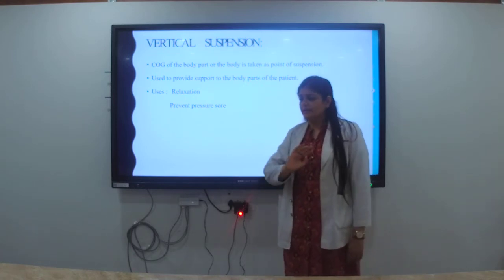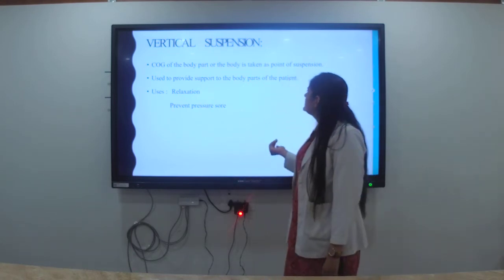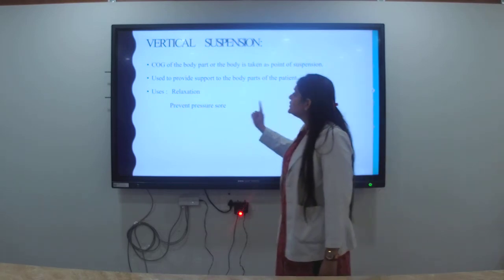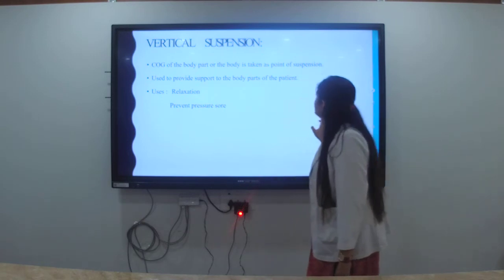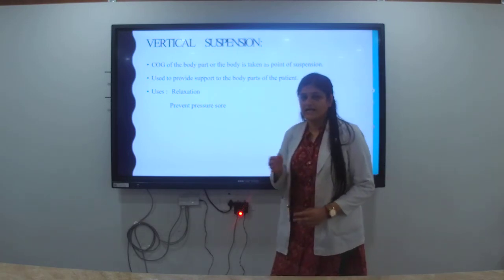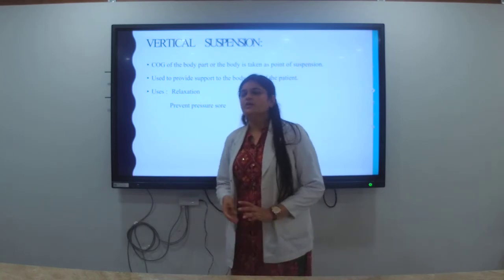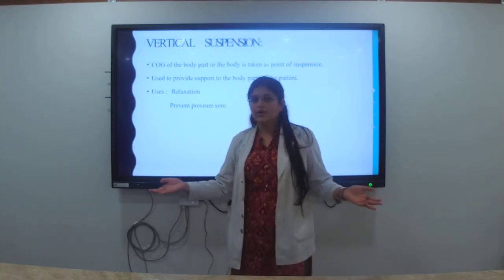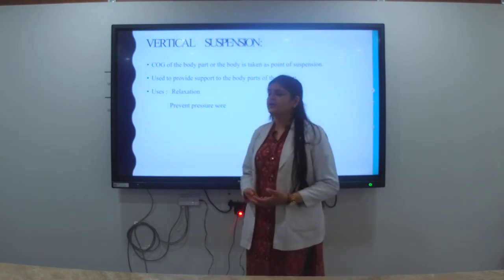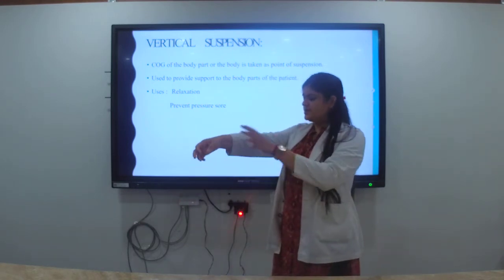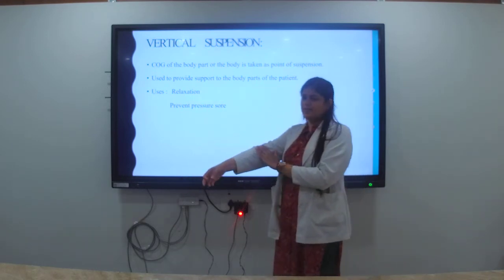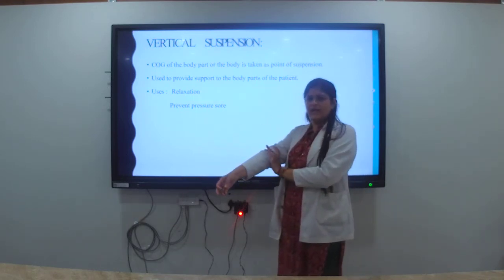Okay? The limb or the part which we are moving is going to be taken as the point of suspension. The COG of the body part or the body is taken as the point of suspension. Now COG means center of gravity. So if you want to suspend the entire body, you are going to take your center of gravity as your S2. And if you want to just suspend one limb, so if I am talking about the upper limb, my center of gravity is going to pass somewhere just right above the elbow.